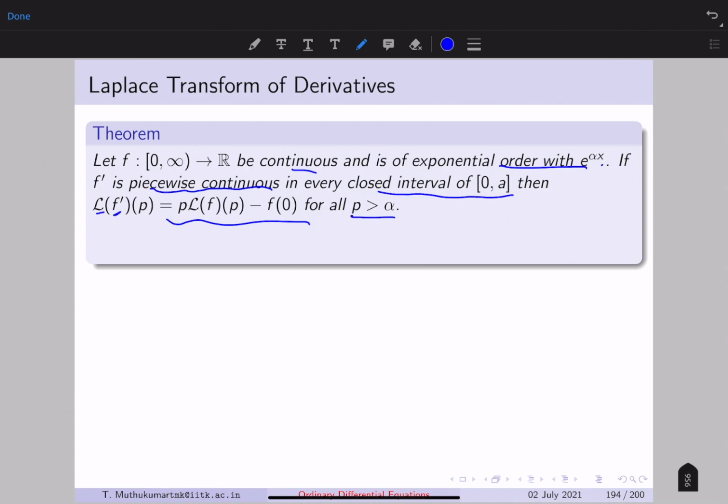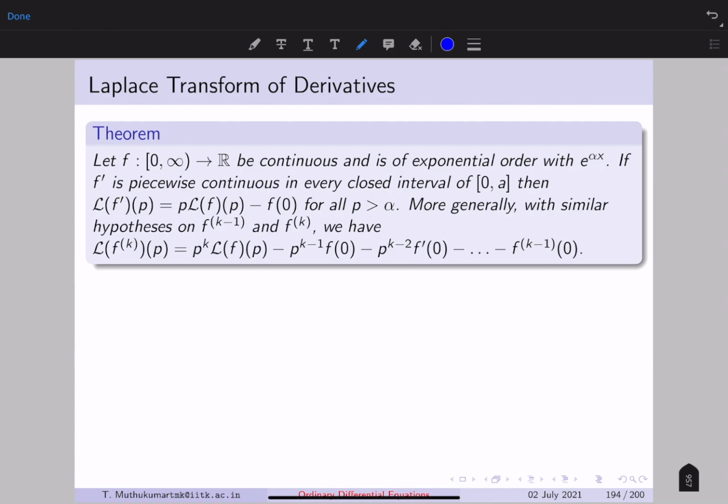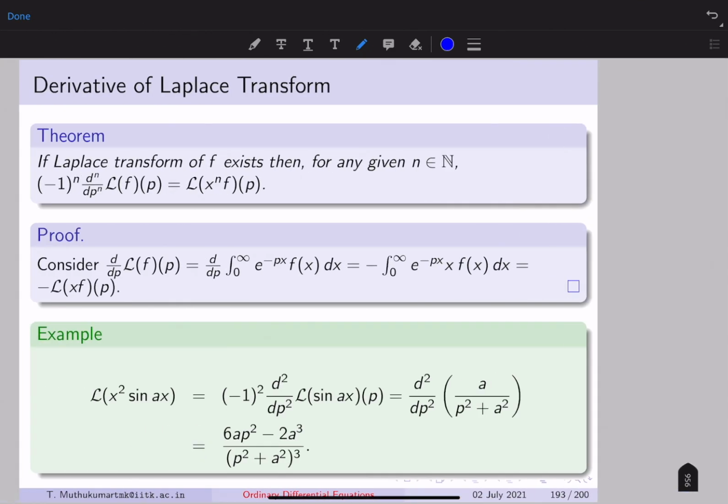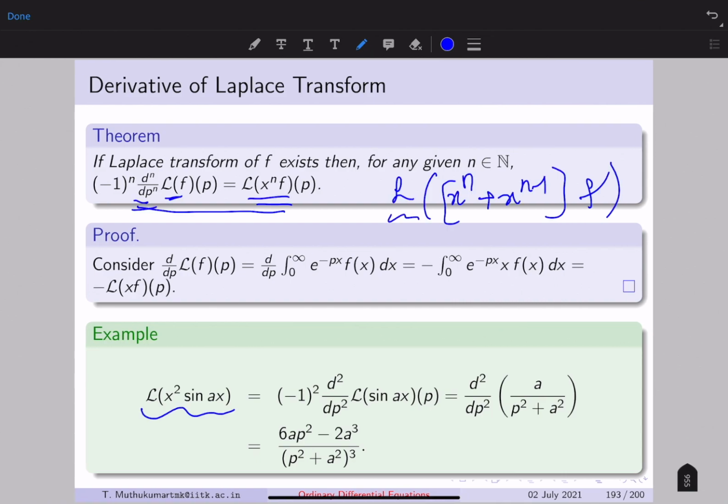More generally, this is the first derivative. Using this, you can compute any kth derivative of f. So the Laplace transform of any kth derivative of f is given by this identity. Earlier, in the previous example, the derivative of the Laplace transform was multiplication by a polynomial in the x variable.